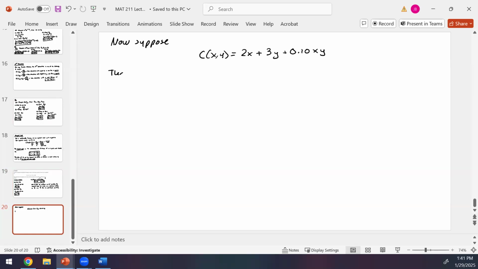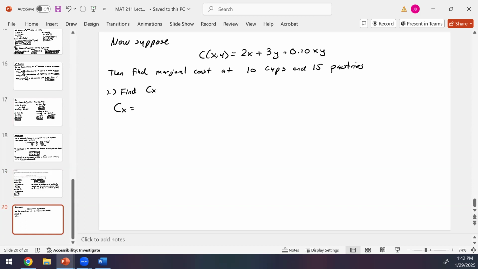Then find marginal cost at 10 cups and 15 pastries. Okay. So same problem, just now we have that extra element. So again, step 1 is we're going to find CX now. So find CX.